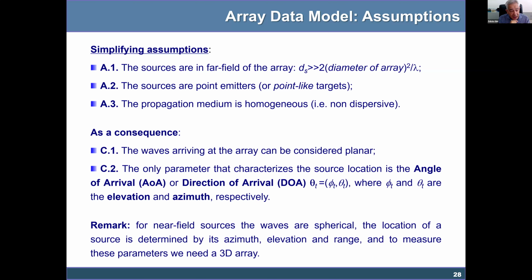The first assumption, as I said before, is that the sources or the targets are in the far field of the array. So we are not in the near field. What does it mean? It depends on the frequency.